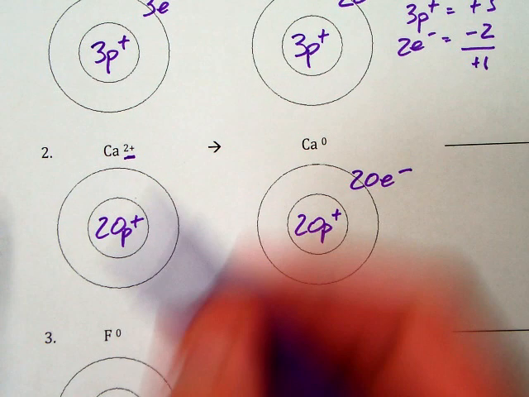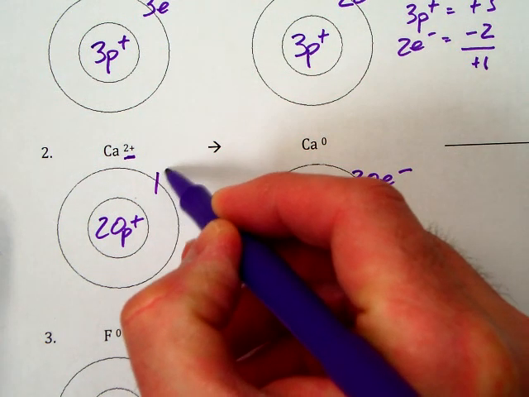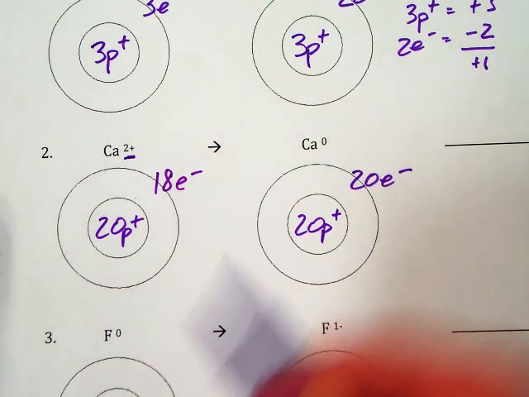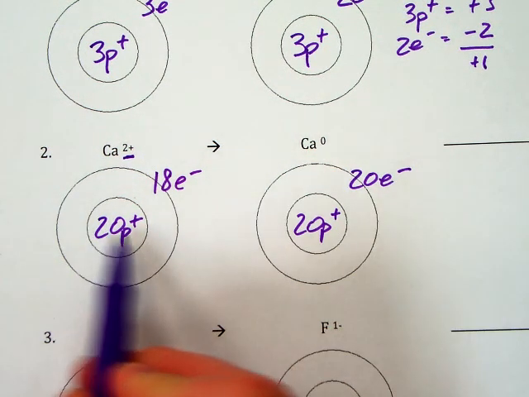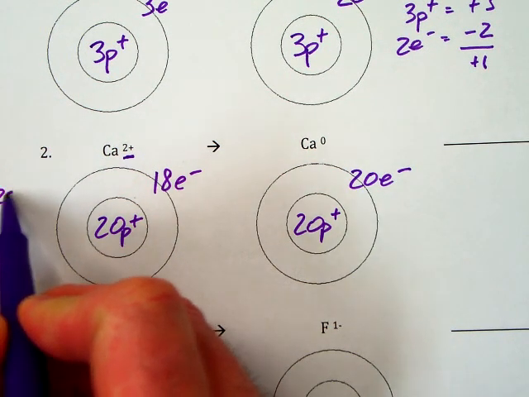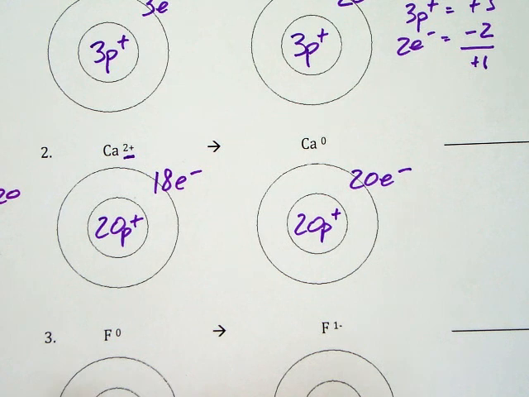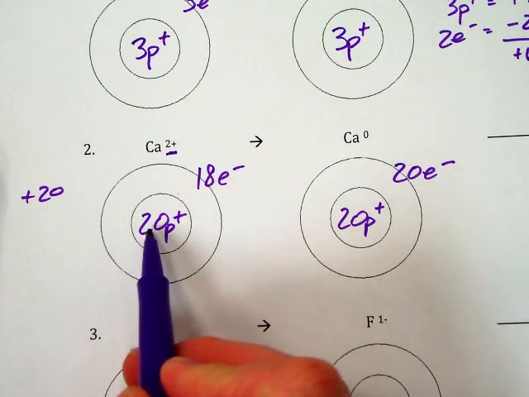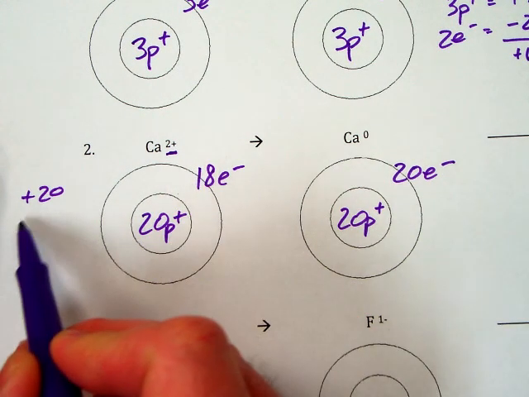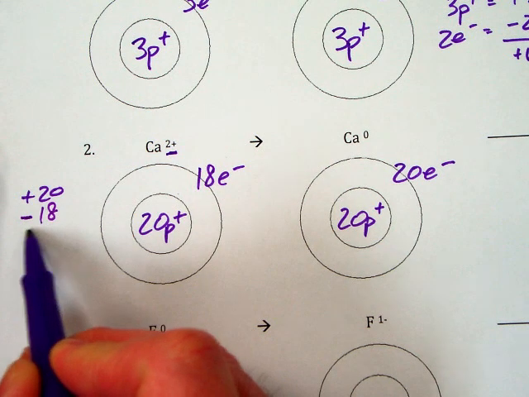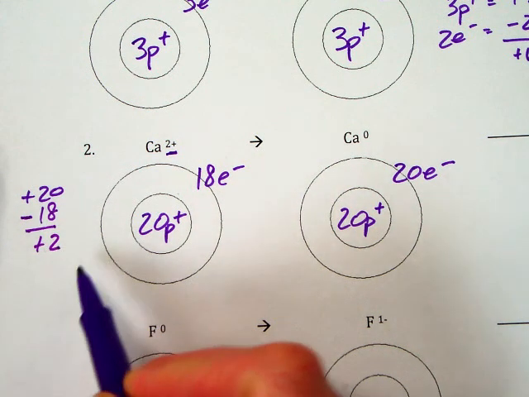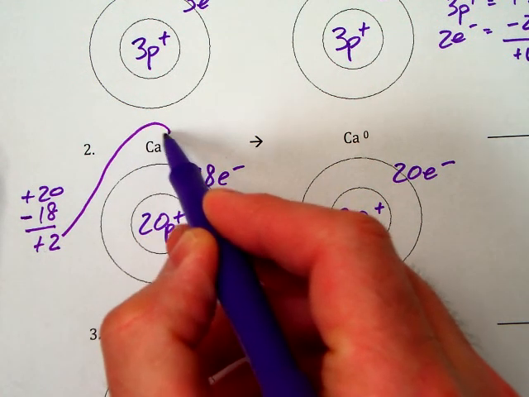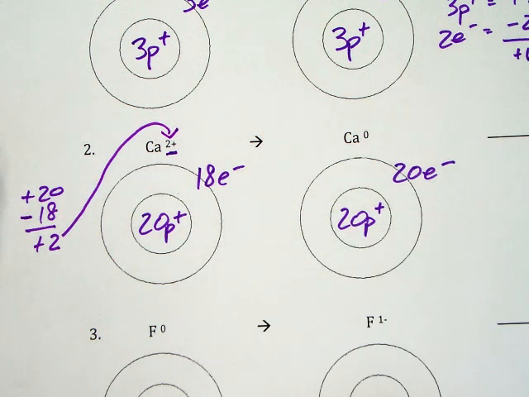So let's try 18 electrons. If we have 20 protons, it's like having a plus 20 charge, and 18 electrons is like having a negative 18. If you add that up, you get plus 2, and that's our charge. So we know we did that correctly.